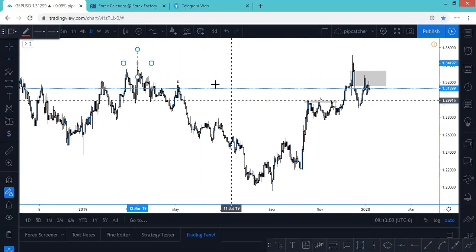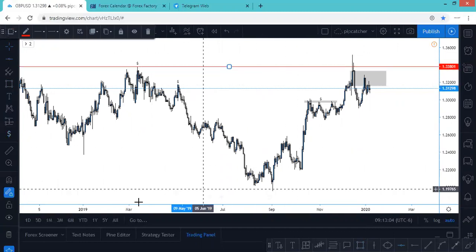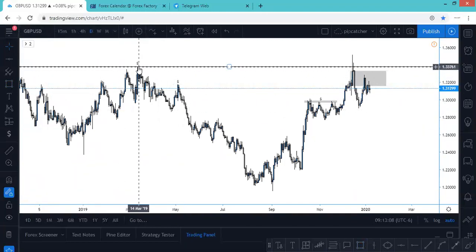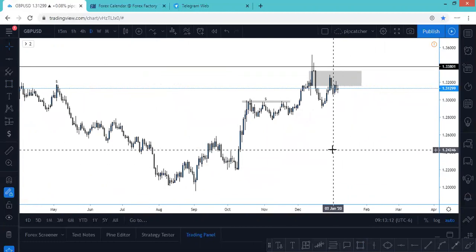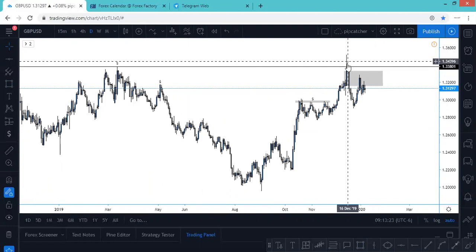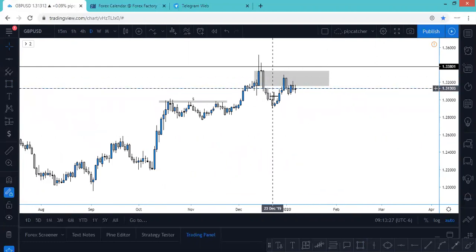You can see if I put this line right there, the high of that wick just barely got run through, and we closed under this high, spiked above it, and then moved away pretty aggressively, right?